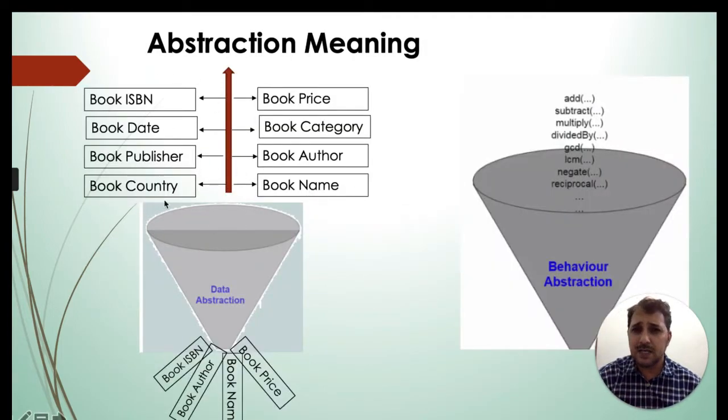Look at this example. A book may have a lot of properties. The book may have an ISBN, a publishing date, the publisher, the country in which it has been published, a price, its category, author, and the book name, and maybe many more properties. But if you want abstraction, abstraction is like a filter.